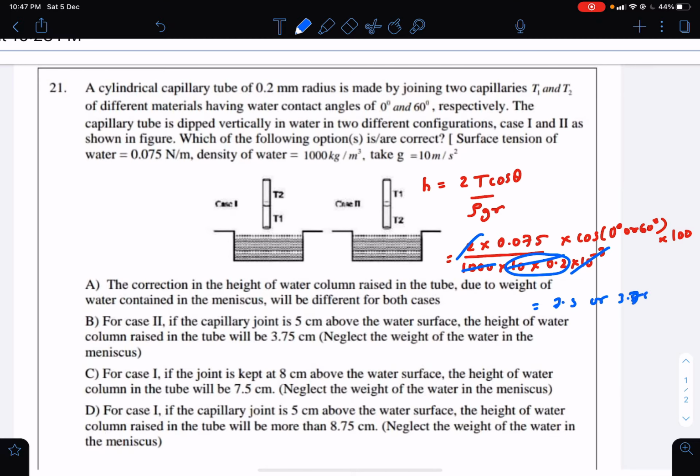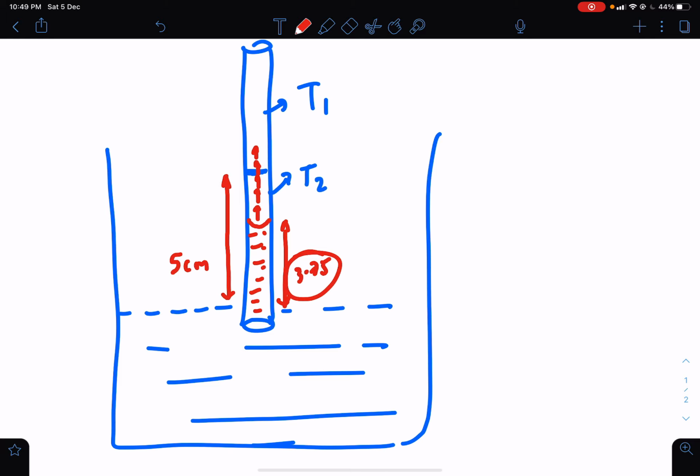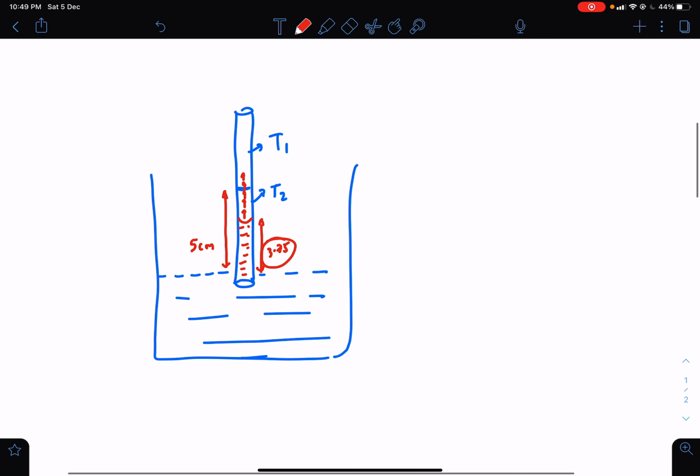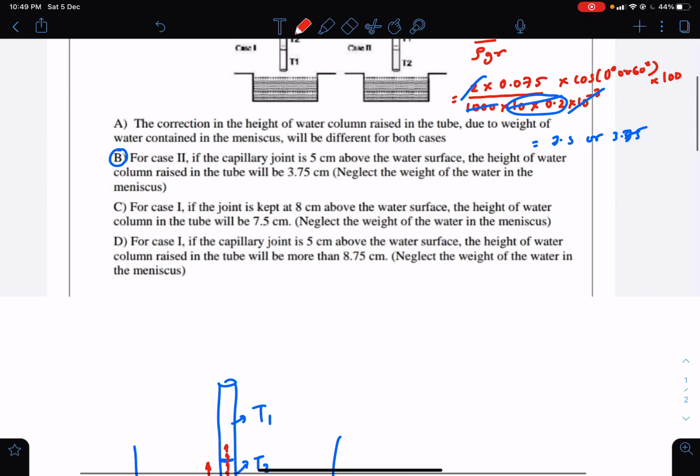If the water would have got a chance to rise beyond 5 also, then T1 would have also come into picture, but that's simply not the case, because with T2 the water would like to rise up to a height of 3.75 and T1 is going to start only from 5, and so water didn't get any chance to come in contact with T1, so no role of T1. It is as good as only T2 tube is there with which water rises normally up to a height of 3.75. So that is exactly what is given in the option B, so it is correct.